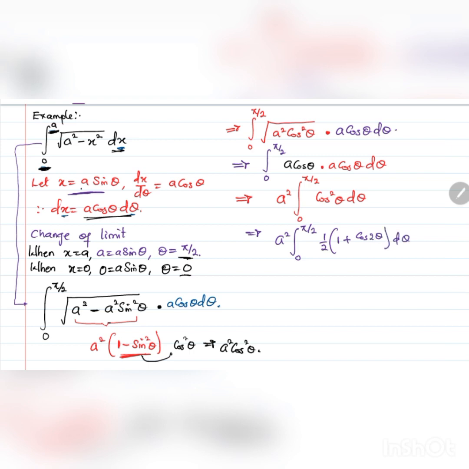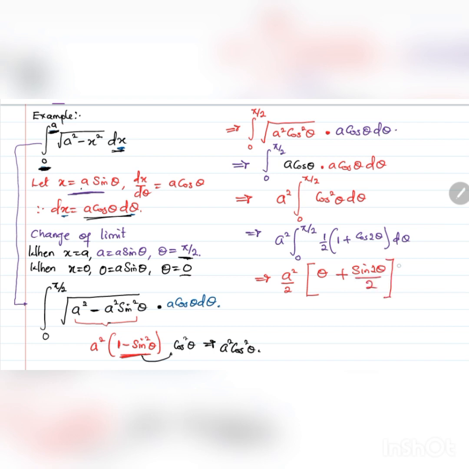So now let's integrate that. This 1/2 is a constant. Bringing it out, I have a square over 2 into bracket. When I integrate 1, I have theta, plus when I integrate cos 2 theta, I have sine 2 theta over 2.